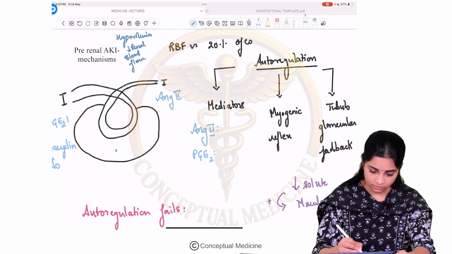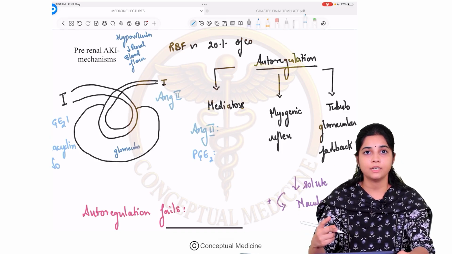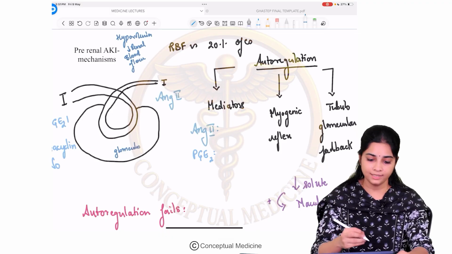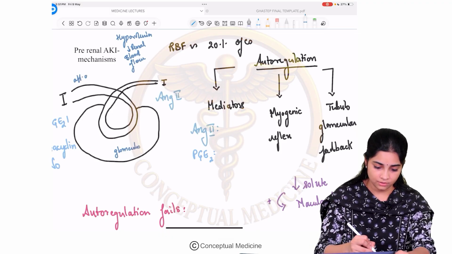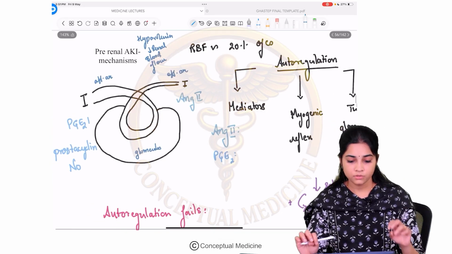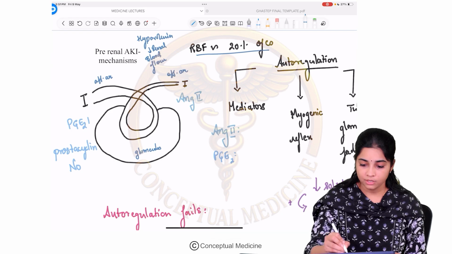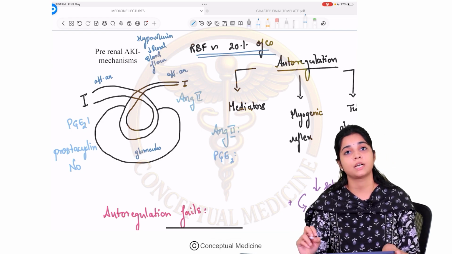So this is your glomerulus, and the vasculature of the kidney comprises an afferent arteriole which goes into the glomerulus and an efferent arteriole. So this is your afferent arteriole, this is your efferent arteriole, right? The main aim is that we know that renal blood flow accounts for about 20% of the cardiac output.